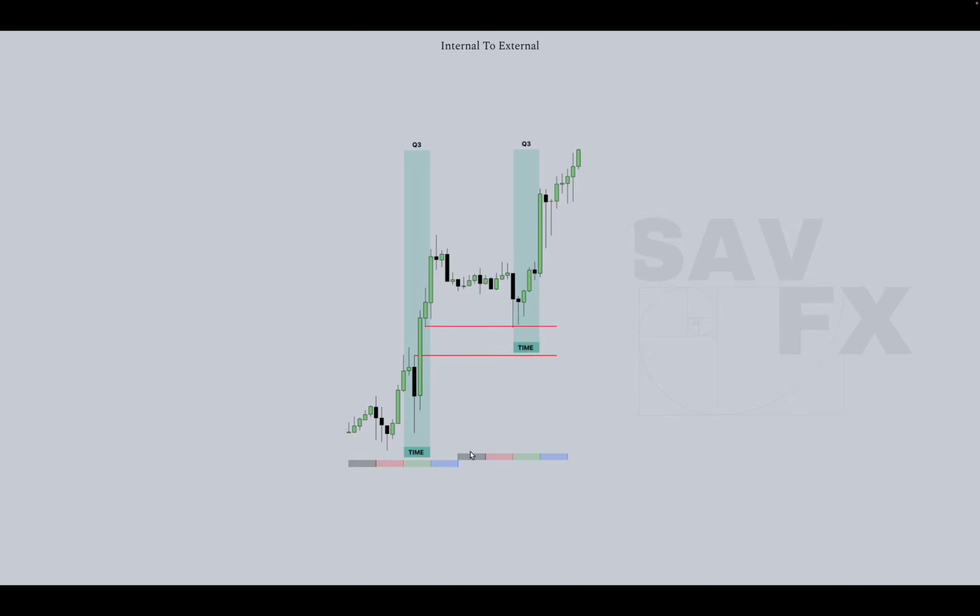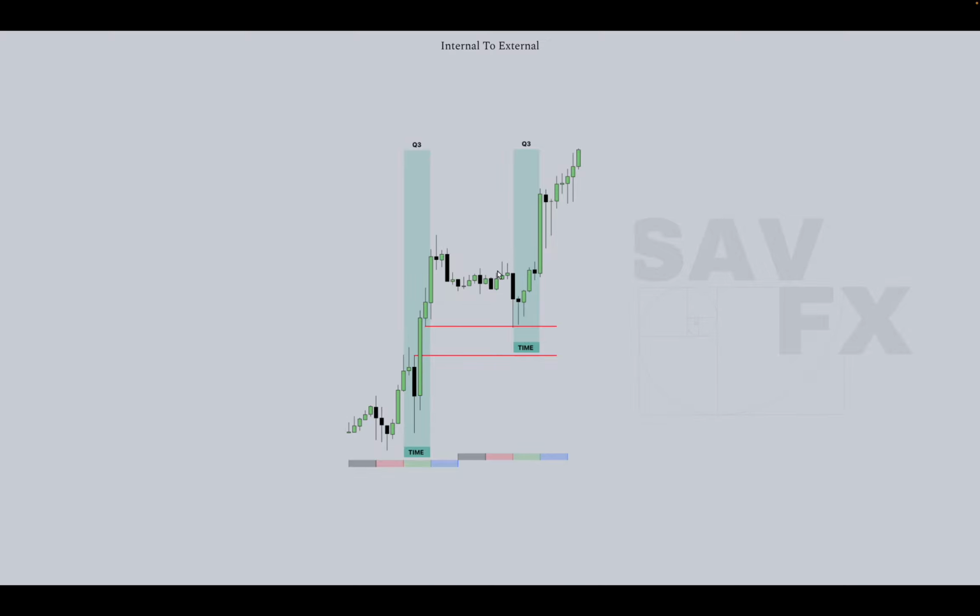You can regard this as sessions, meaning this is Asia, this is London, this is New York AM session, this is New York PM session. Asia, London, AM session, PM session. So what happens? Price from the previous day's PM session manipulates lower, targeting the previous day's AM session.